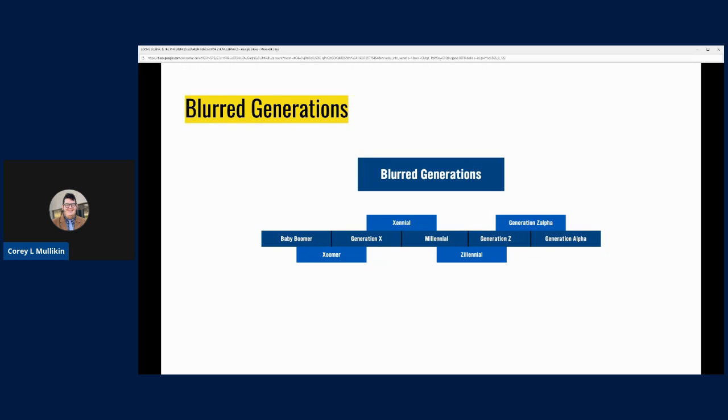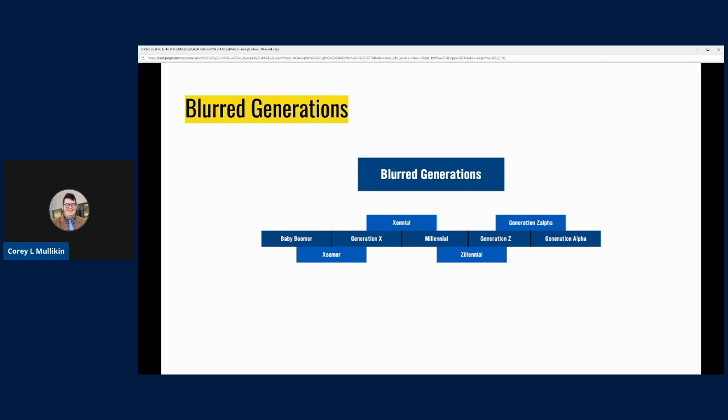For example, a baby boomer and a Gen X. I guess that would be a Zoomer. Or Xennial. Xennial is one that has actually been quite studied. It's often called the Oregon Trail generation, and the reasoning behind this is because they played the game Oregon Trail in their school.